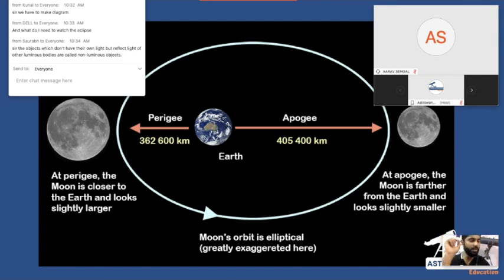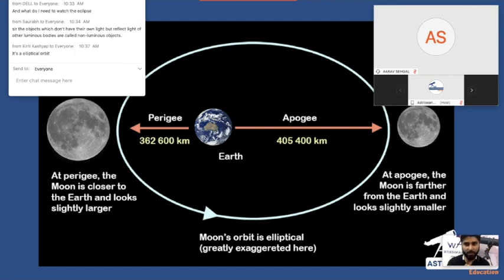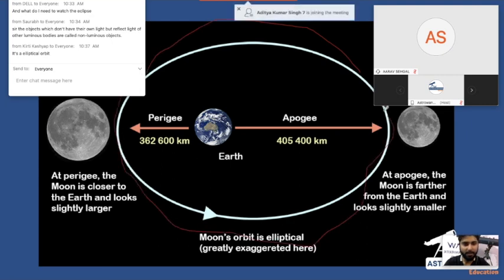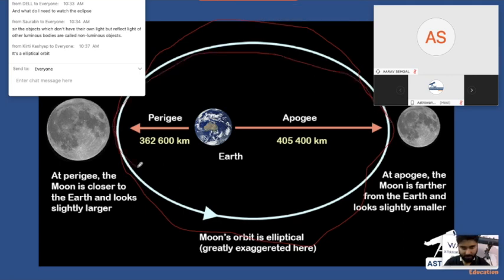If I have a circular rubber band and I stretch it a bit, an ellipse is formed. You can just imagine this is not a circle, but this would have been a circle. If I stretch this rubber band circle, this is what we get, the ellipse.